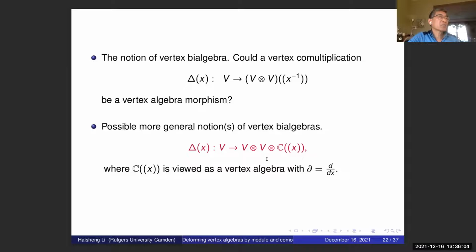One possibility could be this: this is the co-multiplication map. This is the vertex one in purple. So not V tensor V like before, but here is just a tensor with a Laurent polynomial ring, the other direction. And on top there, that is the Laurent series in x to the -1, because that's the duality.